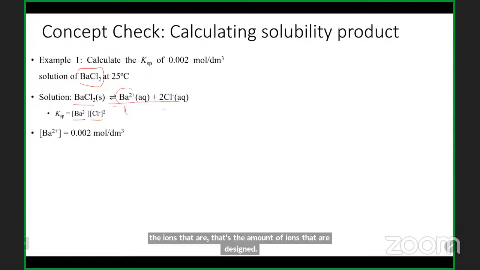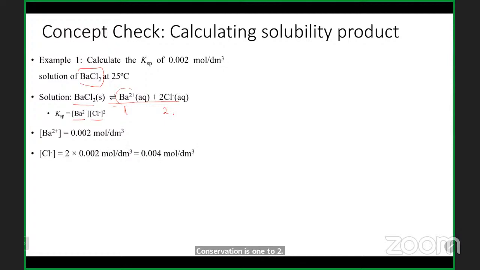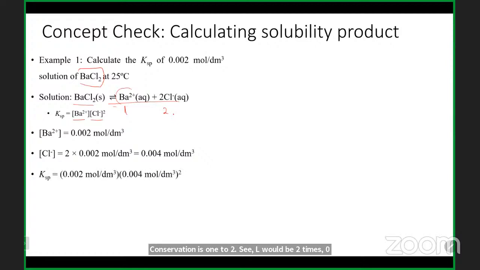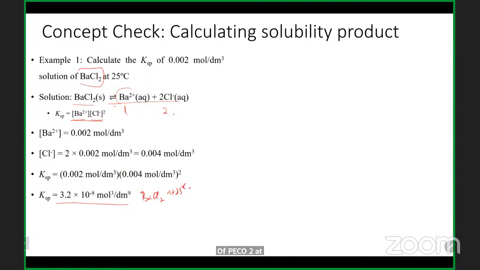The concentration ratio is 1 to 2, so Cl- will be 2 times 0.2 molar. So we put it in the solubility product expression, punch it in our calculator, and that is the Ksp of BaCl2 at 25 degrees centigrade.